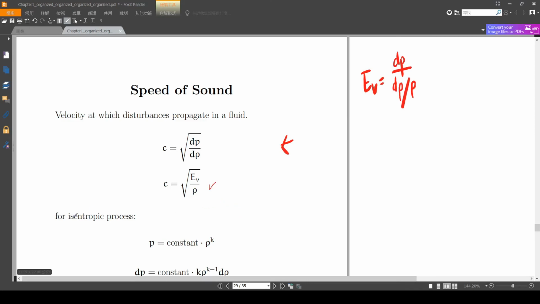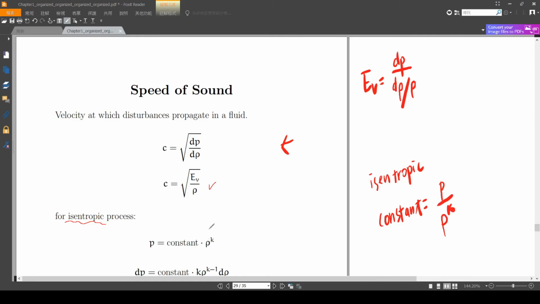And then for an isentropic process, if you don't remember, isentropic means that a certain ratio is a constant. That ratio is the absolute pressure divided by the density to the power of K. Okay.